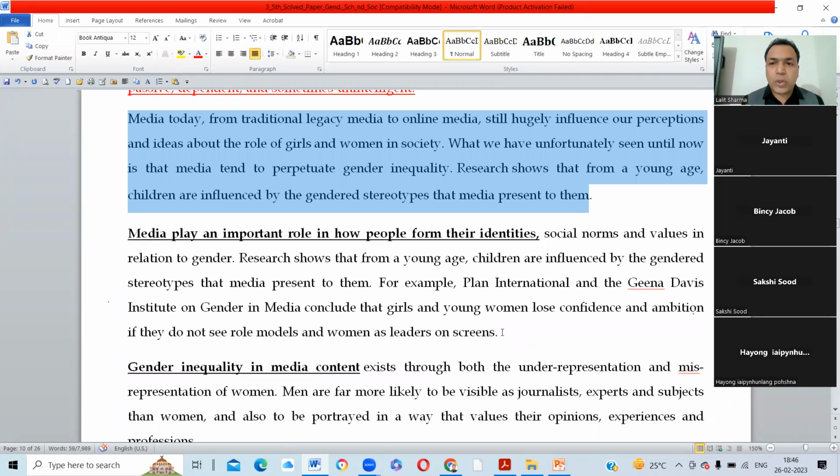What we have unfortunately seen until now is that media tend to perpetuate, the meaning of which is to spread, spread gender inequality. Research shows that from a young age, children are influenced by the gendered stereotypes that media present to them.